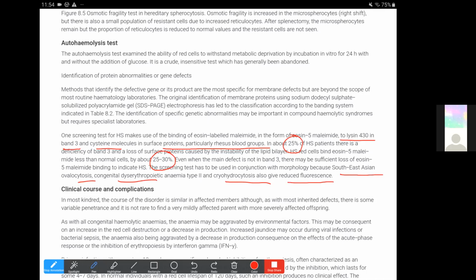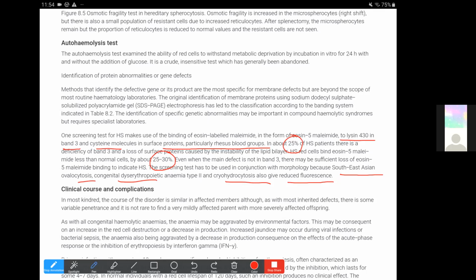This is decreased with hereditary spherocytosis and with hereditary pyropoikilocytosis also, and also hereditary stomatocytosis, so all these cause a decreased fluorescence.